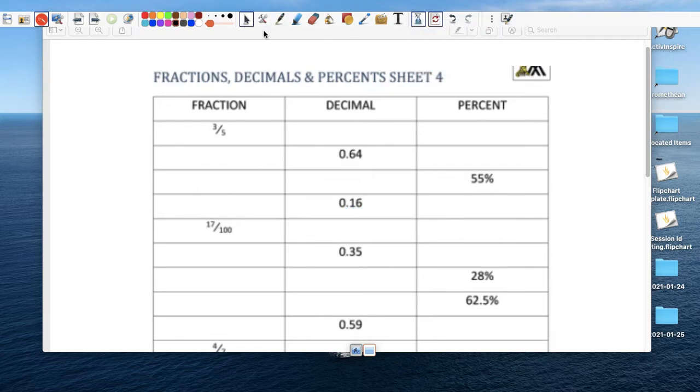17 over 100, how do we write that as a decimal? That's easy, right? So you can divide 17 over 100. Y te va a salir 0.17. And 0.17, move the decimal 1, 2 a la derecha, and we get 17%.